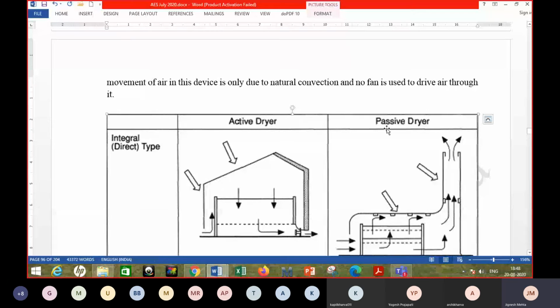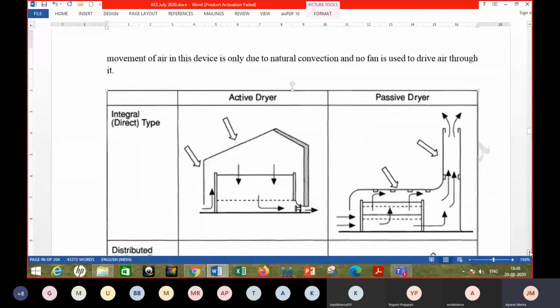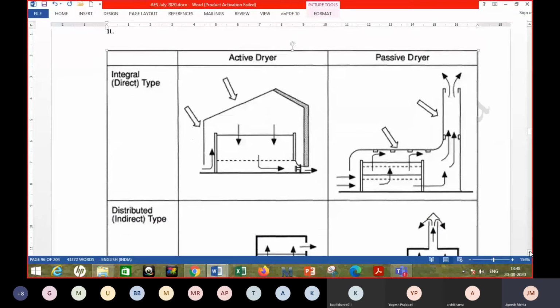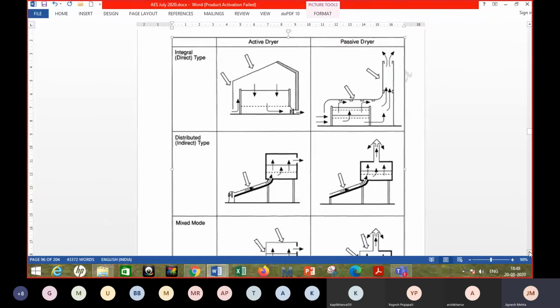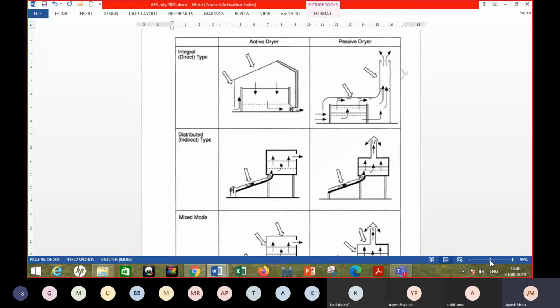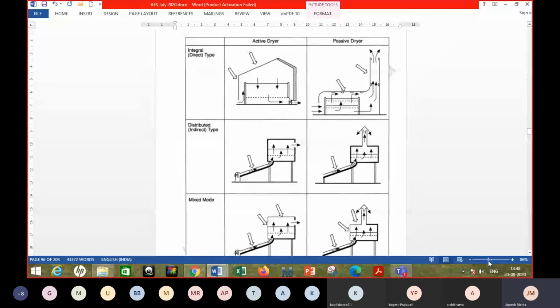Okay. So let us talk about different types of solar dryers that one can have. So there are mainly two categories which are shown. One is active dryer and the other is passive dryer. So when you say active dryer, basically you are using a fan, and when you say passive dryer, you are not using a fan.